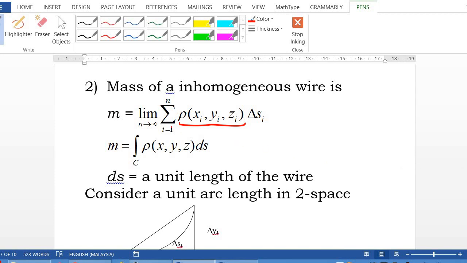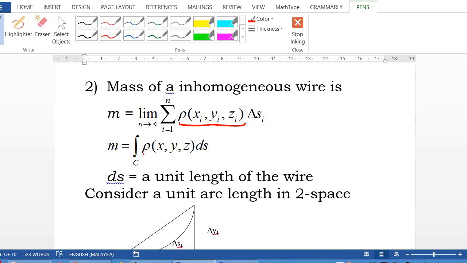So when you sum the density function rho(xi, yi, zi) multiplied with delta si, where this is the small unit of arc length, from 1 to n where n approaches infinity, this approximates the integral of rho(x, y, z) ds along the curve C. That's what we call the line integral of a scalar field.